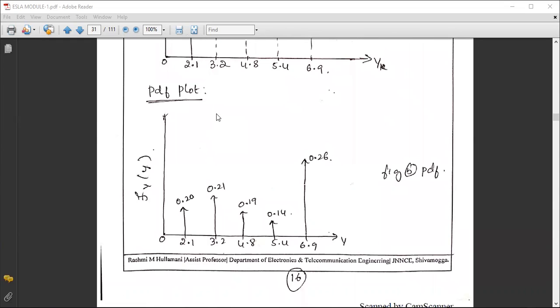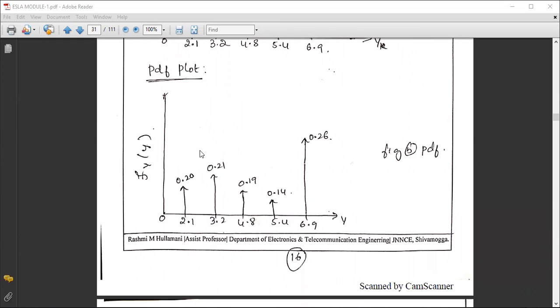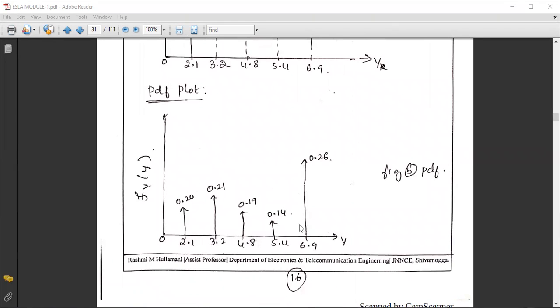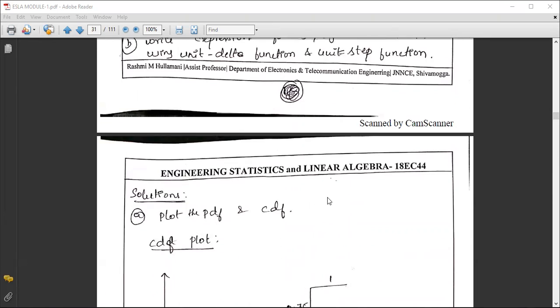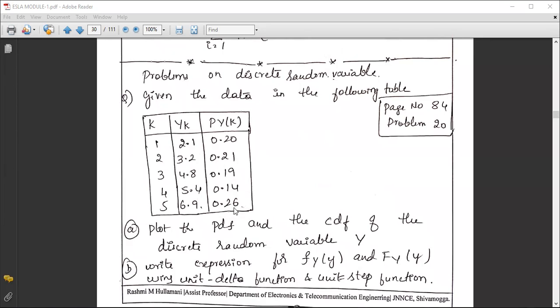Next we have to plot the PDF, the probability density function. Along the x-axis we have the y_k values, and along the y-axis we have the f_Y(y) values, the PDF values. 2.1 gives 0.20, 3.2 gives 0.21, 4.8 gives 0.19, 5.4 gives 0.14, and 6.9 gives 0.26.